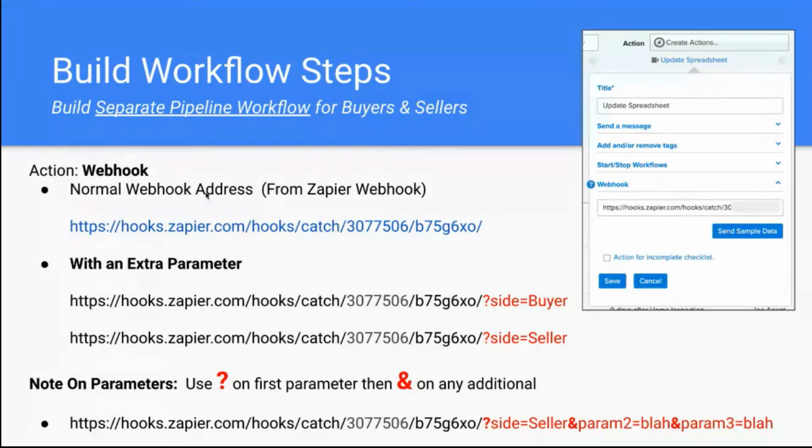So normally the webhook that you're sending is just a big long string of numbers, okay? This is a URL. In my case, in this particular thing, I wanted to use the same Zap for a buyer and also for a seller.